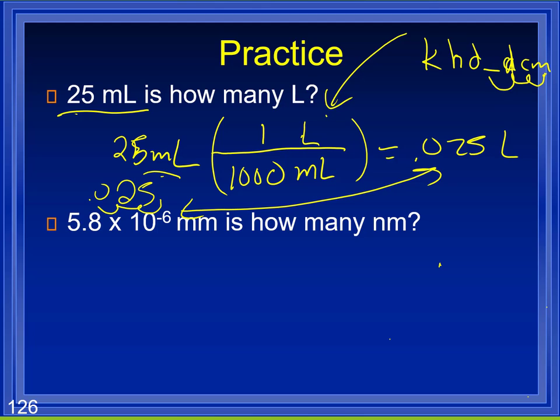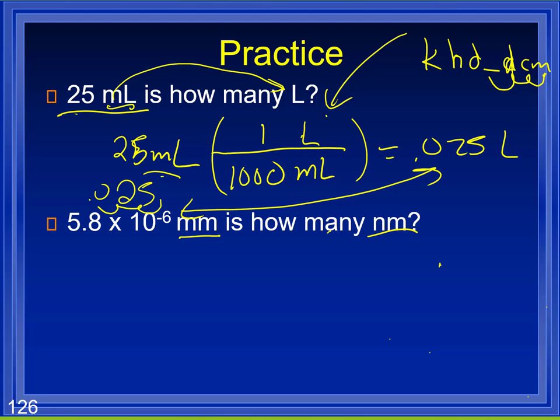Okay. Now that only took one conversion factor because I started with the prefix and I wanted to get rid of it. Here, I start with 5.8 times 10 to the minus 6 millimeters, and I want nanometers. This is going to take me two conversion factors.